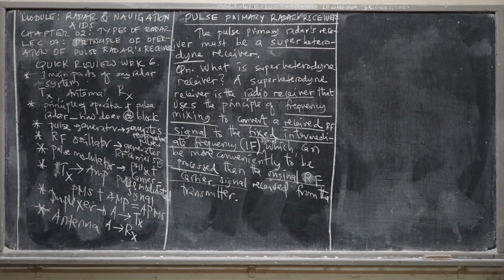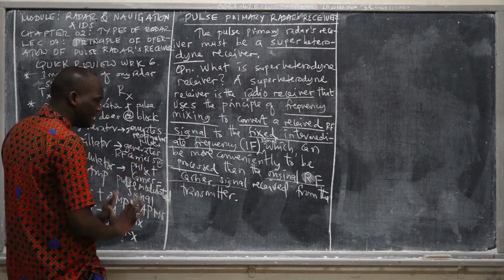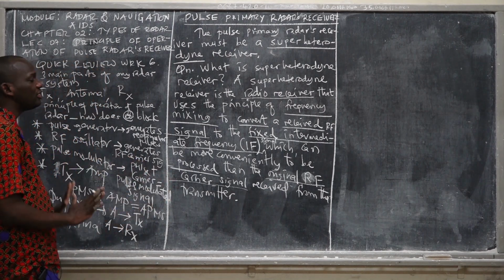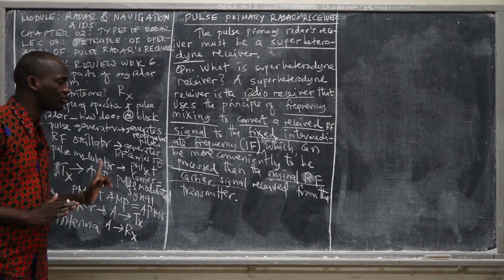Somebody can challenge why we need to convert it. This is the reason: it's simpler to process a fixed intermediate frequency signal than the original received radio frequency carrier signal.